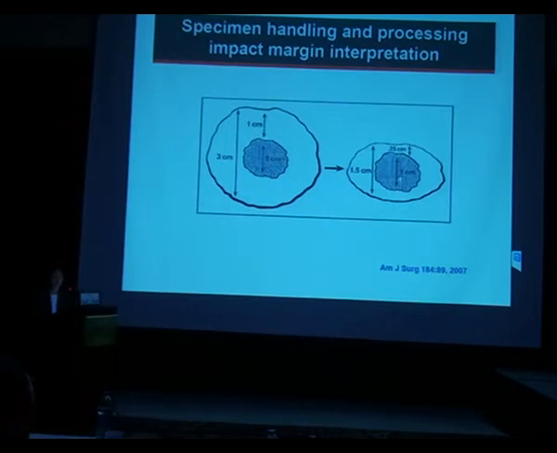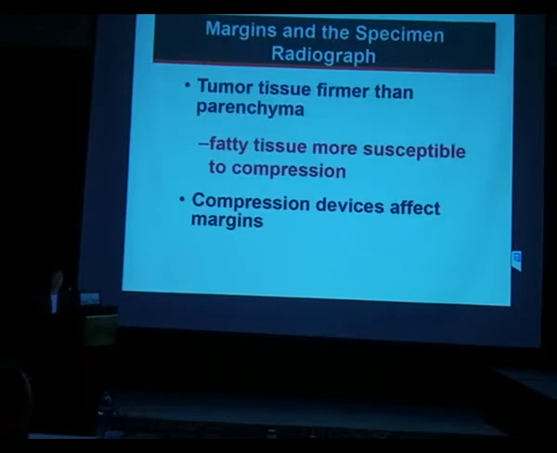This is called the pancake effect, because you are pressuring the fat against the tumor. So you have to be gentle when you are evaluating your specimens. Tumor tissue is firmer than parenchyma, and fatty tissue is more susceptible to compression. So compression devices, I would caution you.